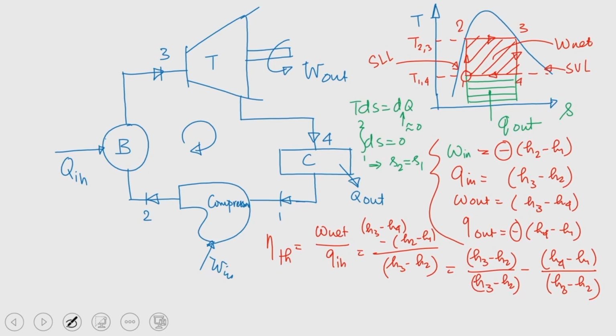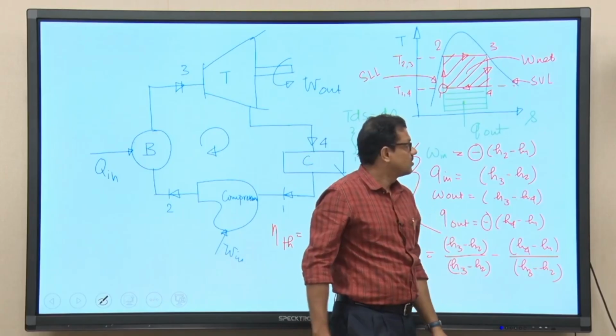So point 2 is on the saturated liquid line, point 3 is on the saturated vapor line. For the sake of generality, these 2 points could be shown inside the vapor dome. However, we have shown these 2 points on the saturated liquid line and saturated vapor line.